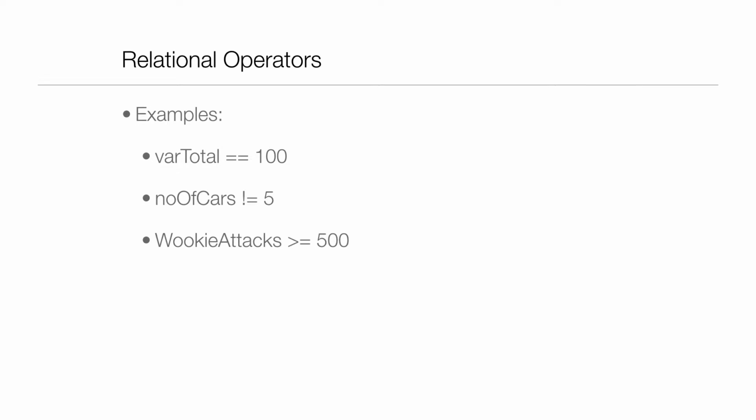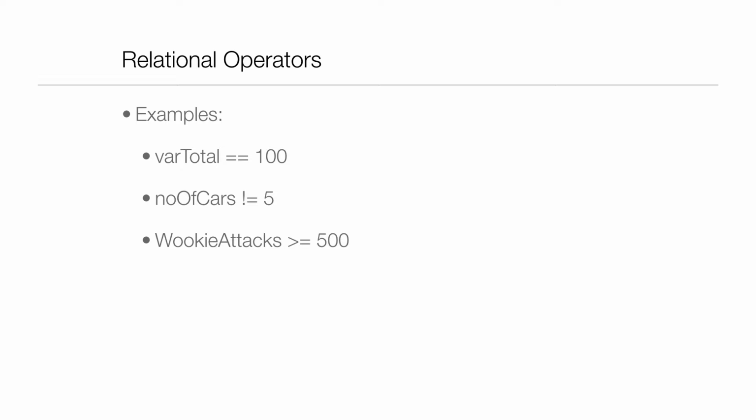Anyway, so here's some examples of relational operators. Excuse me. So you've got var total, which is a variable equal to 100. Like I was saying, both sides of it have to equate to true. It has to be equivalent. What that means is all of these relational operators have to equate to either true or false.